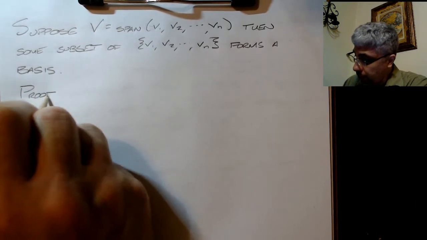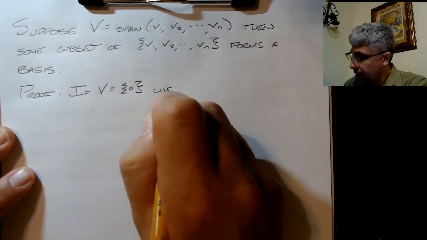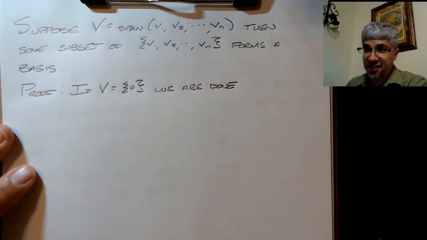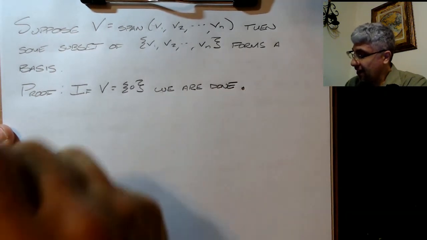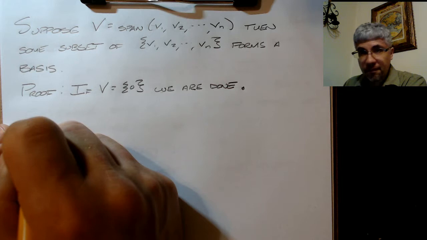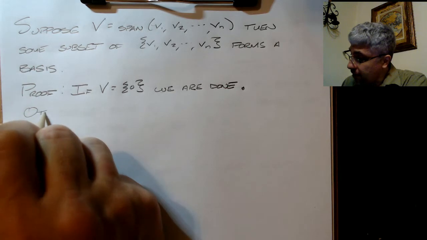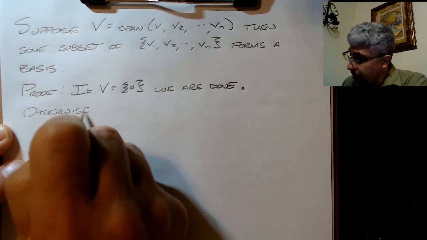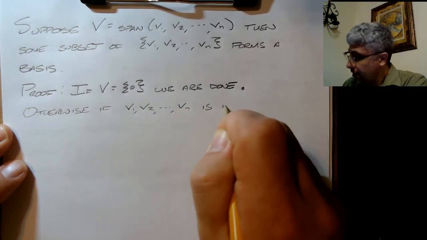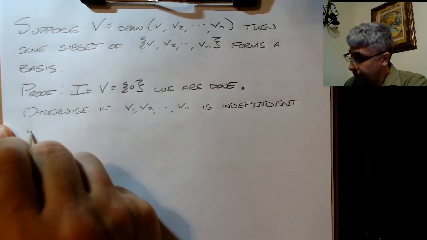Okay, well, let's prove this. Proof. Well, first of all, if V is the zero vector space with just zero, we're done, because then we don't need to take any vectors. Suppose not. Otherwise, if V1 through Vn is independent, we're also done.